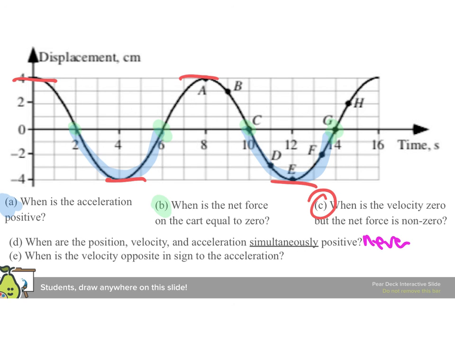So the acceleration is positive in the blue regions, and we're going to want the velocity to be negative if the acceleration is positive. So we're looking at this part, and likewise here. The acceleration will be negative when the position is positive, and then we want the velocity to be positive. So something like here and here.